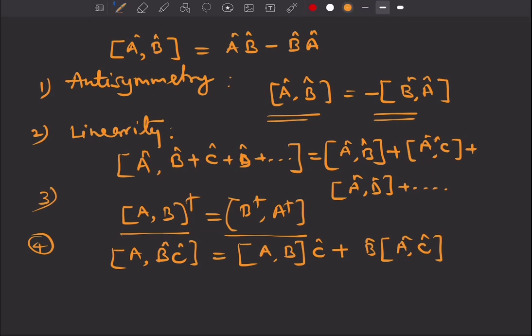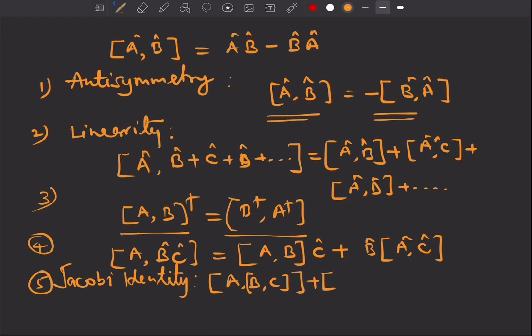Next is the Jacobi identity. That is, [A, [B, C]] plus [B, [C, A]] plus [C, [A, B]] is equal to 0.